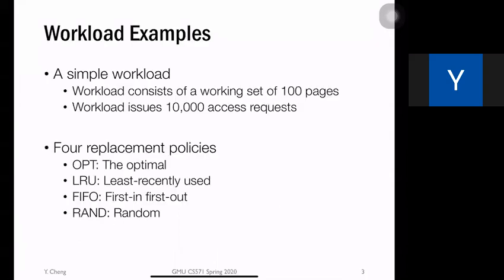Basically, for the workload examples, we're looking at a simple workload. This particular workload consists of a working set that spans 100 unique different pages, and the workload issues 10,000 memory access requests on top of these 100 unique pages.